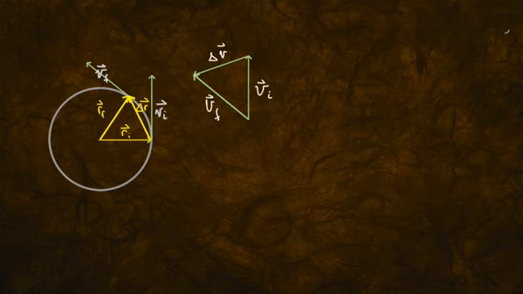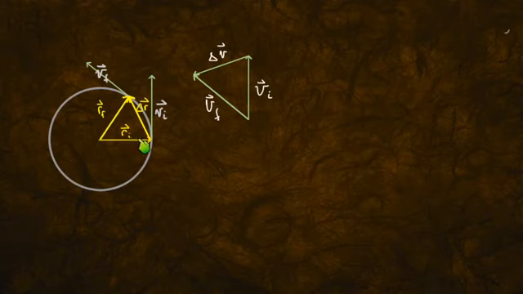Now, here's the cool thing. We also know that right in here, the angle between the radius and the tangential velocity is a right angle, yes? Yeah?